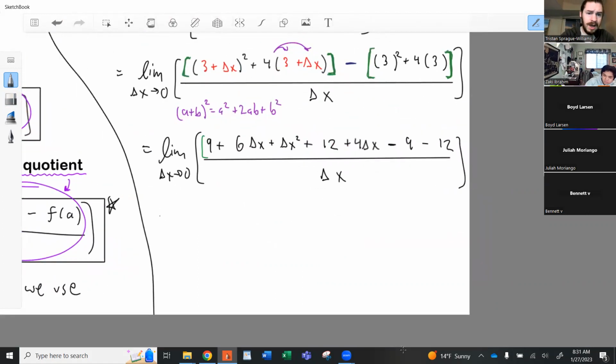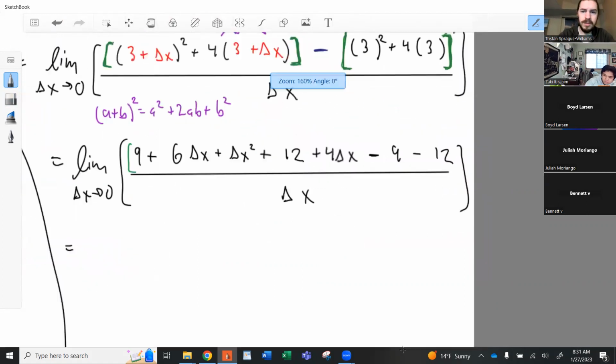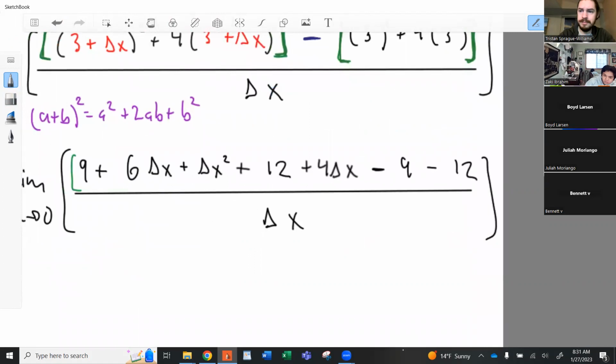Okay, so now this is the beautiful moment where a bunch of things cancel out. Right, I have a plus 9 minus 9. It's going to cancel out. I have a plus 12 minus 12, which is going to cancel out. Right? And then I can also combine some like terms.